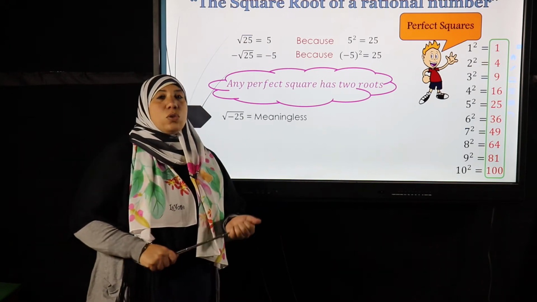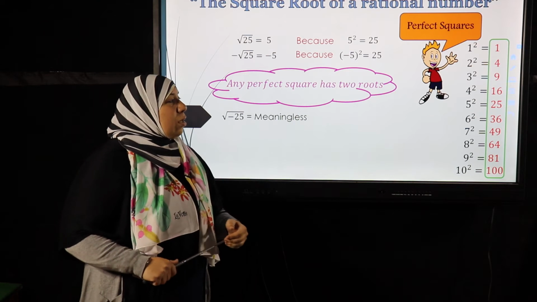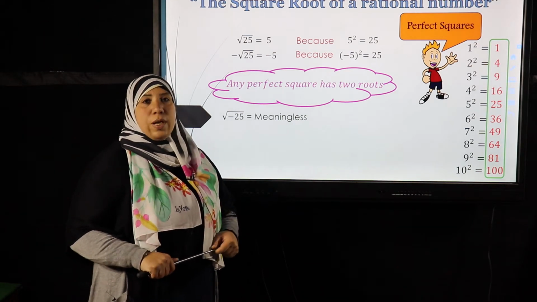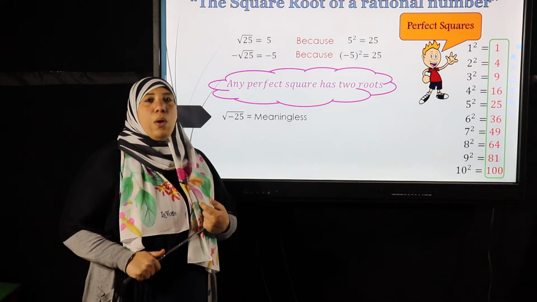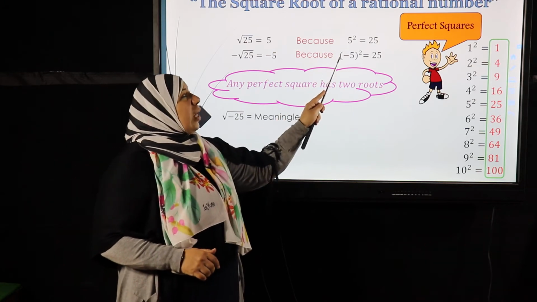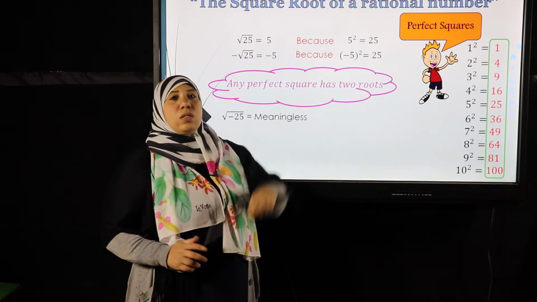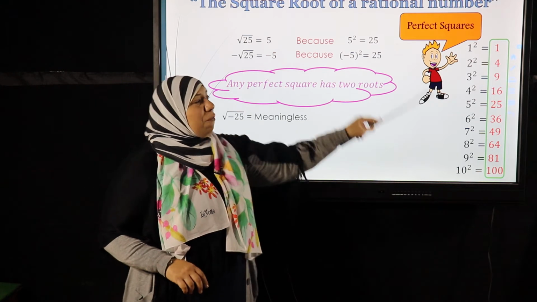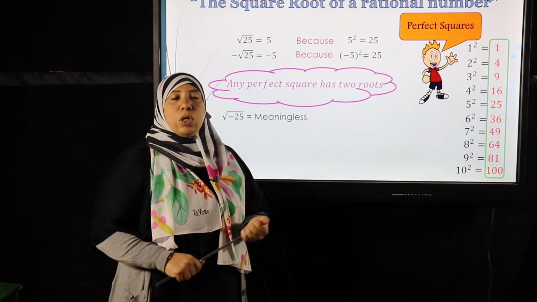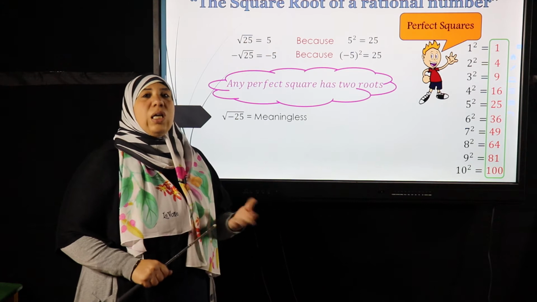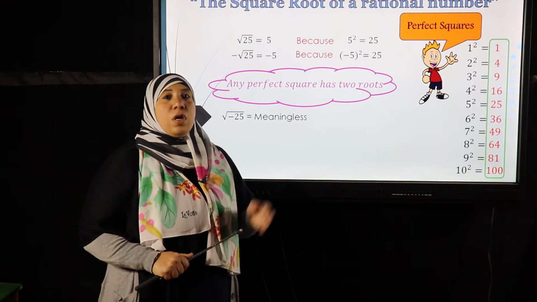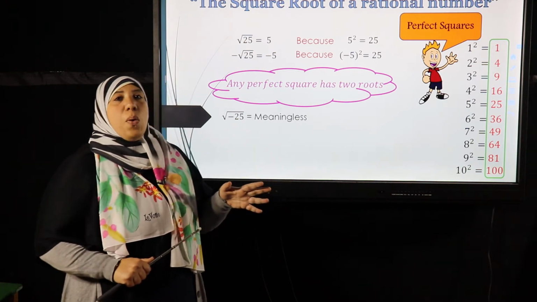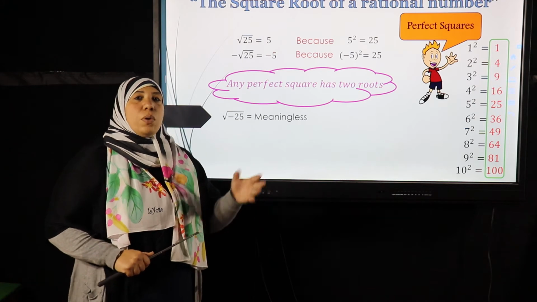But the perfect squares here, all of them are positive. As we took in the powers, any negative number raised to power 2 will be positive. So no perfect square will be negative, because any number, even if it's negative, if we raise it to power 2, or if we square this number, it will be positive.